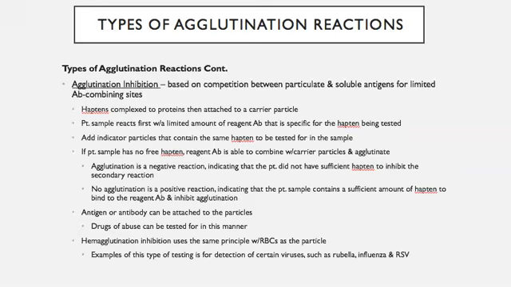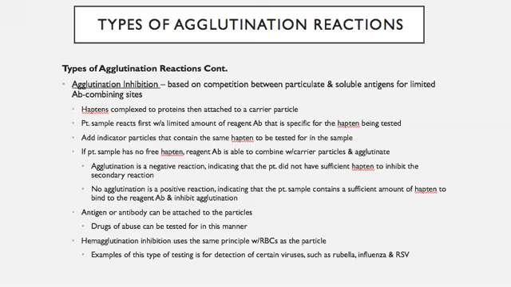Then you add indicator particles that contain the same hapten to be tested for in the sample. If the patient sample has no free hapten, the reagent antibody is able to combine with carrier particles and agglutinate. So agglutination is a negative reaction indicating that the patient did not have sufficient hapten to inhibit that secondary reaction. And then no agglutination is considered a positive reaction in this type of testing.